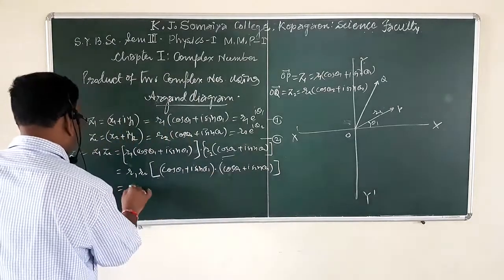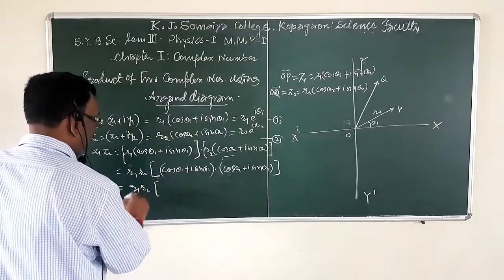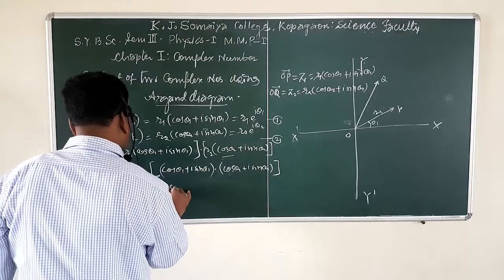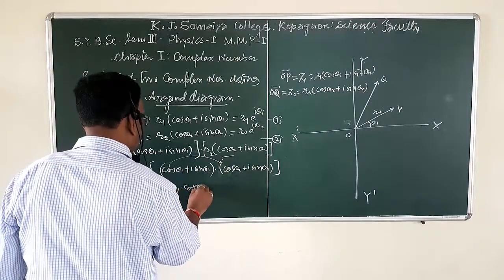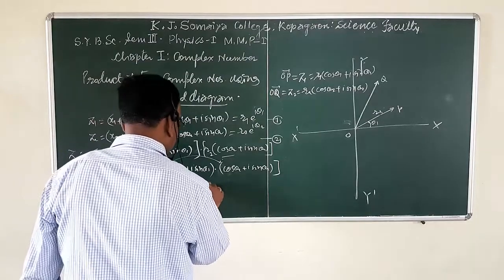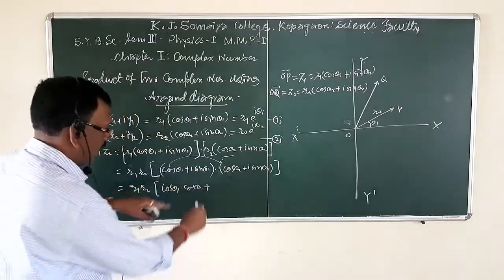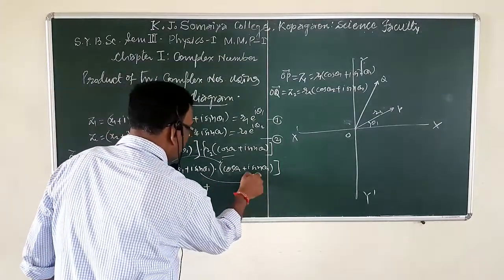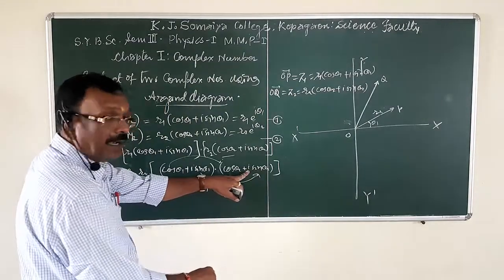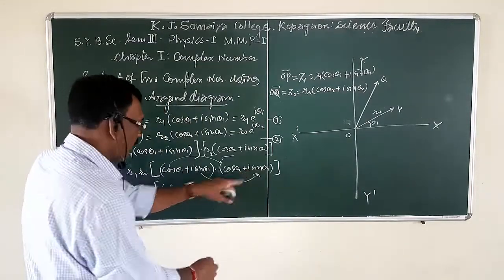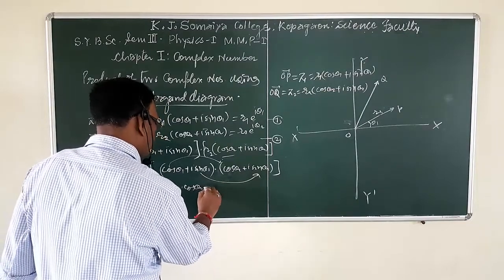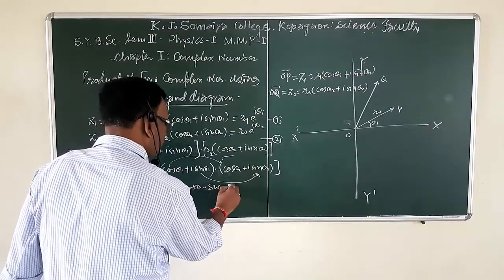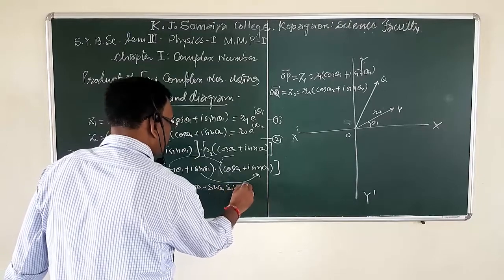Solve this, we get r1 r2 in bracket cos theta 1 into cos theta 2 plus, again product of this term with this term, i into i, i square. Value of i square is minus 1 and hence minus sin theta 1 sin theta 2.